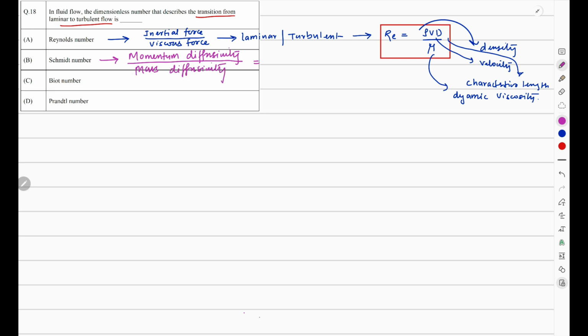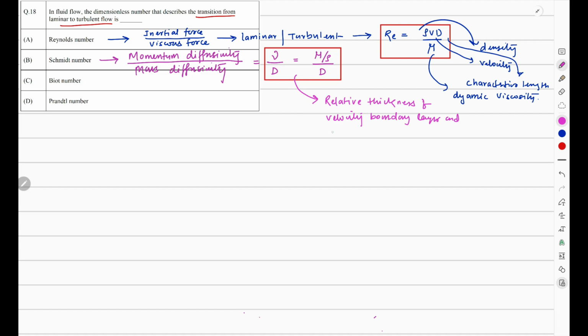For momentum diffusivity we can write kinematic viscosity nu divided by mass diffusivity, that is D. And further, for kinematic viscosity we can write mu by rho, that is dynamic viscosity by rho, divided by mass diffusivity. It compares the relative thickness of the velocity boundary layer and the mass diffusion boundary layer.